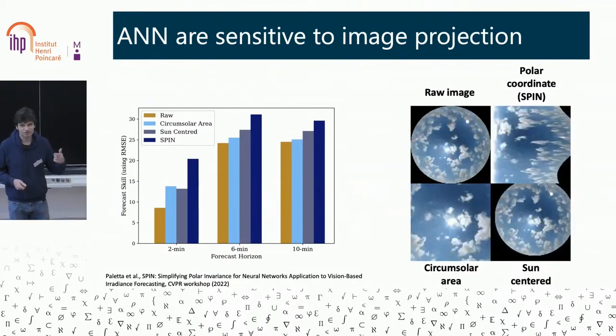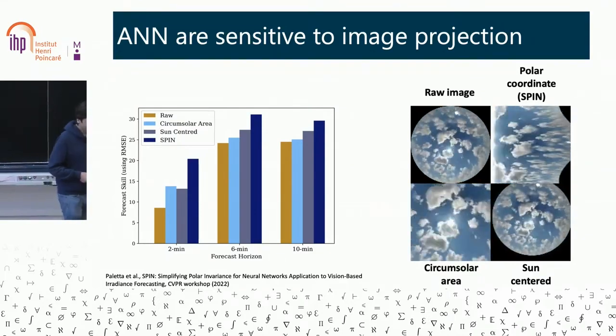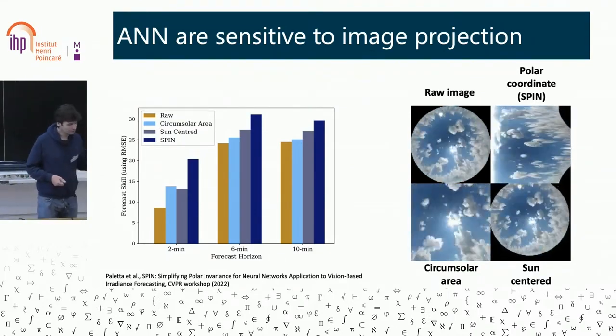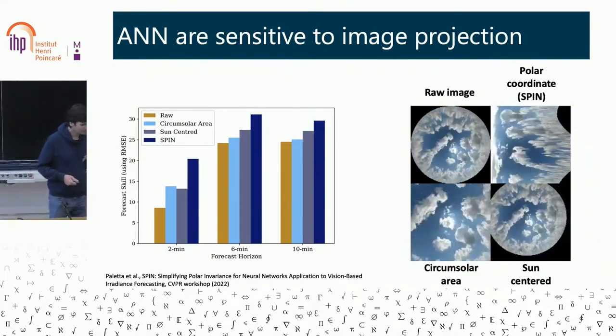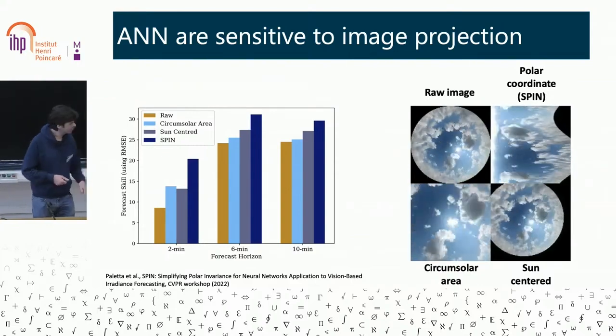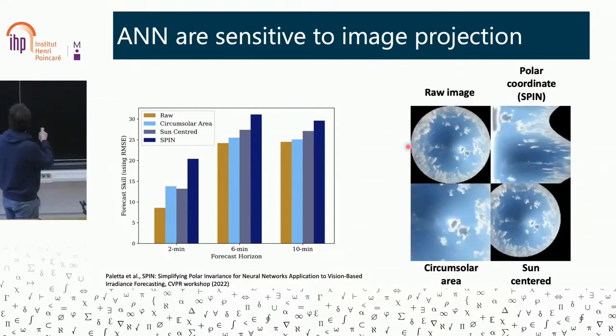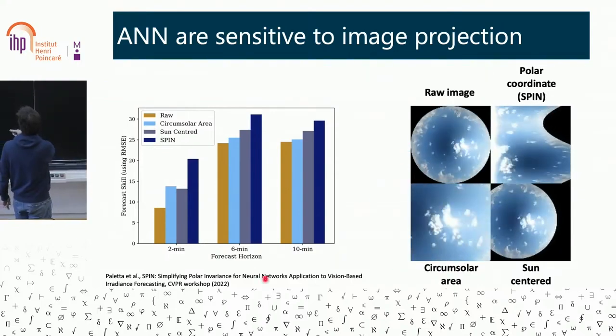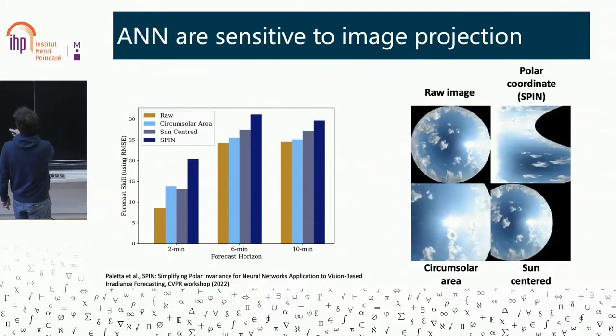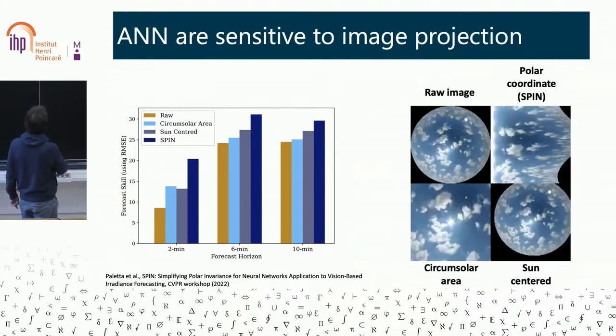It's intelligent, but it needs to be helped. If we put a raw image into a deep learning scheme, the results are not the best. When we put a raw image, you get the brown stick here, which is the lowest forecast skill.